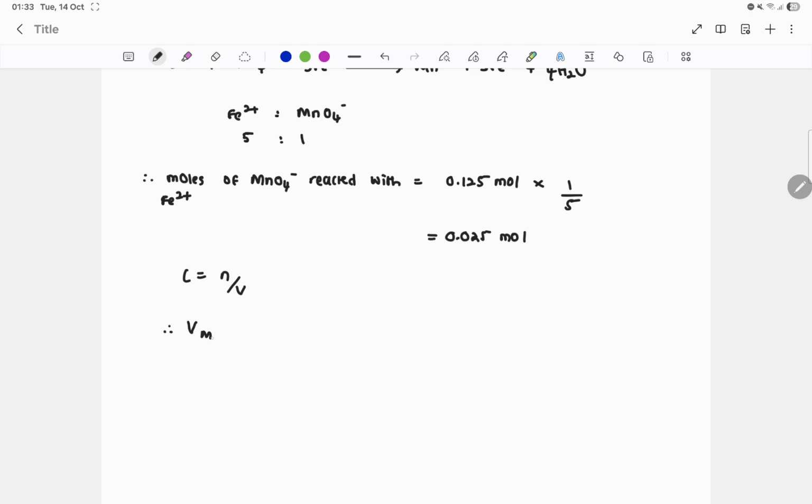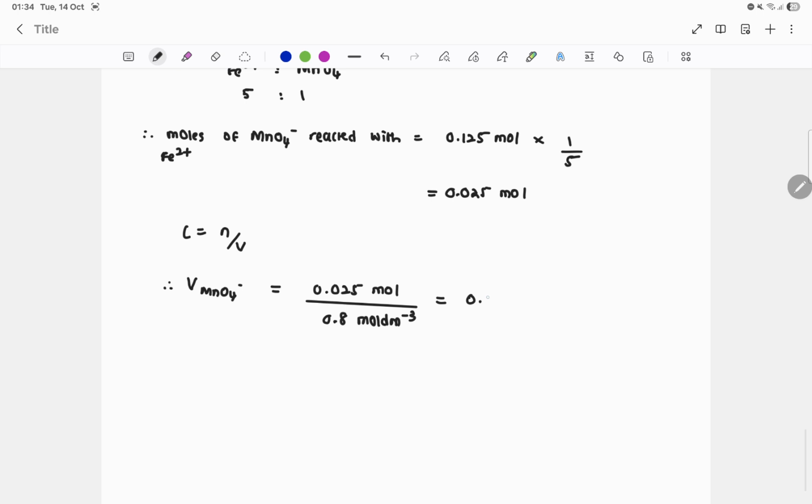Therefore, volume of MnO4- equals 0.025 moles over 0.8 mol dm^-3, which is 0.03125 dm3.